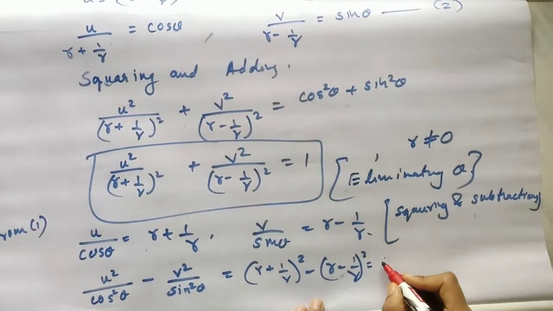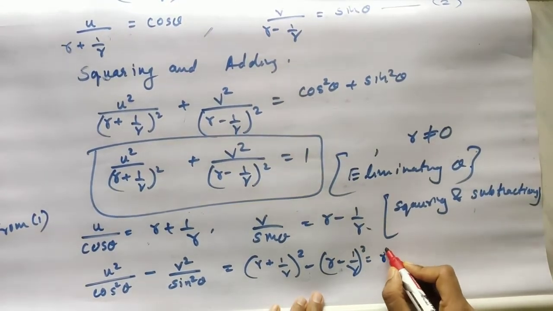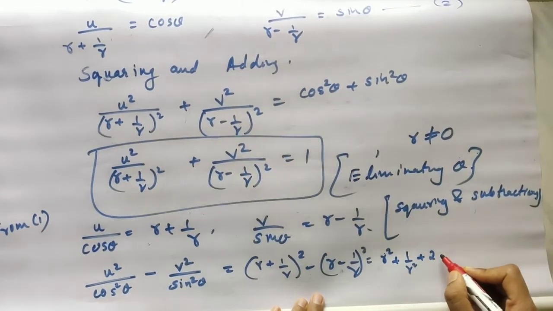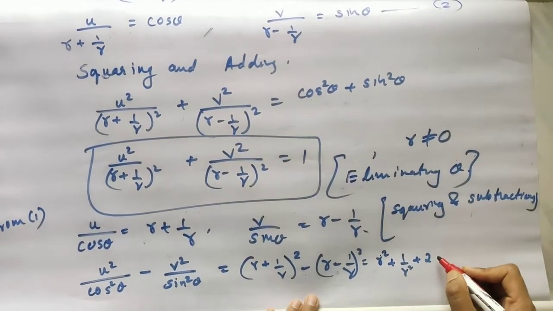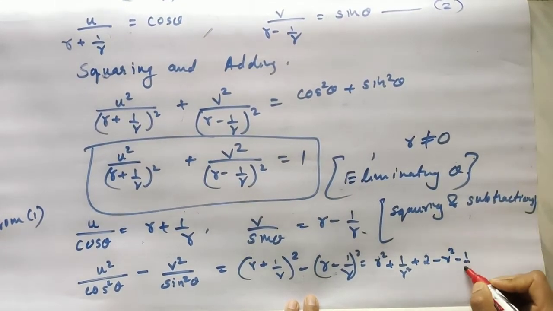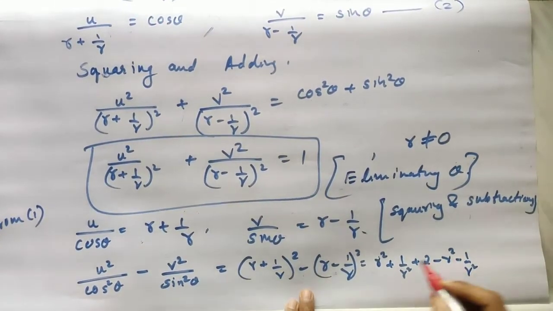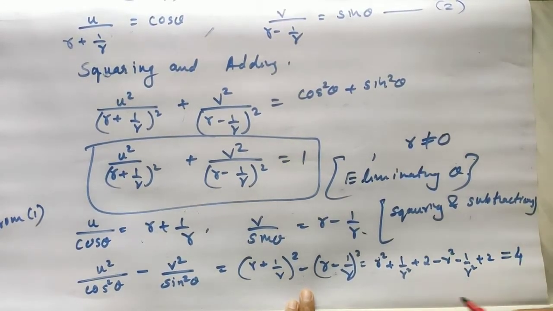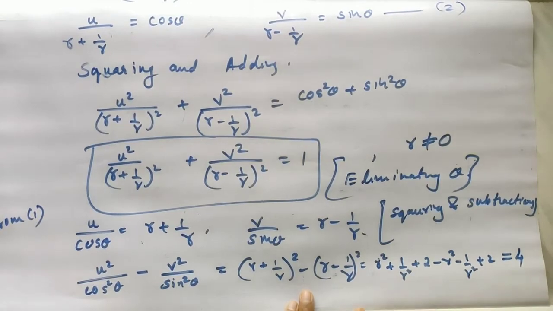Expand it: r square plus 1 by r square plus 2, since r into 1 by r gets cancelled, minus r square minus 1 by r square plus 2. So that will be equal to 4, and r has been eliminated.